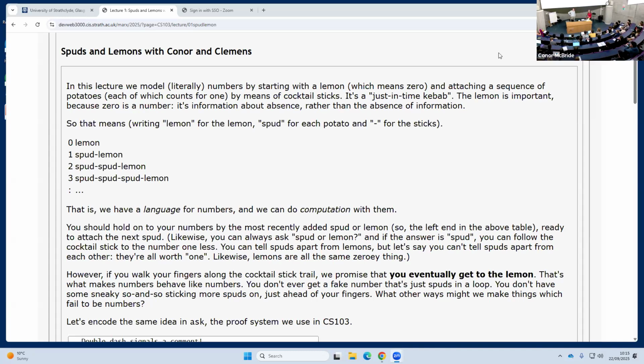So if you start with 4, you find out that yes, it's not 0, so you can take 1 away, and you can get to 3. You can take another 1 away, get to 2. Take another 1 away, get to 1, and then you get down to 0. So this is the real thing that makes numbers: when you walk along the cocktail sticks, you eventually get to the lemon.